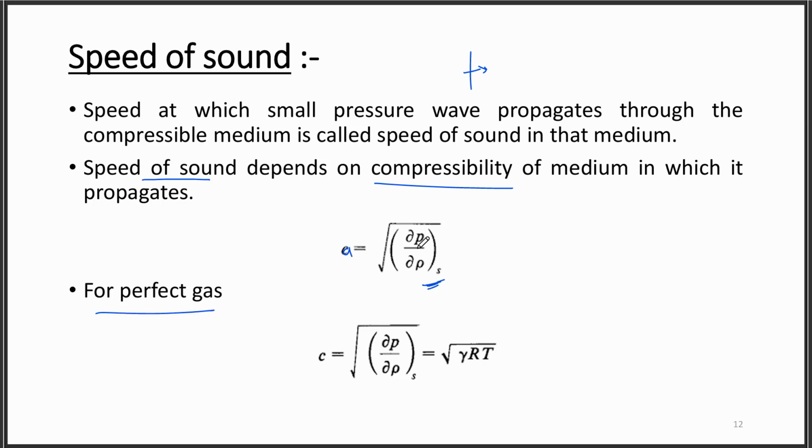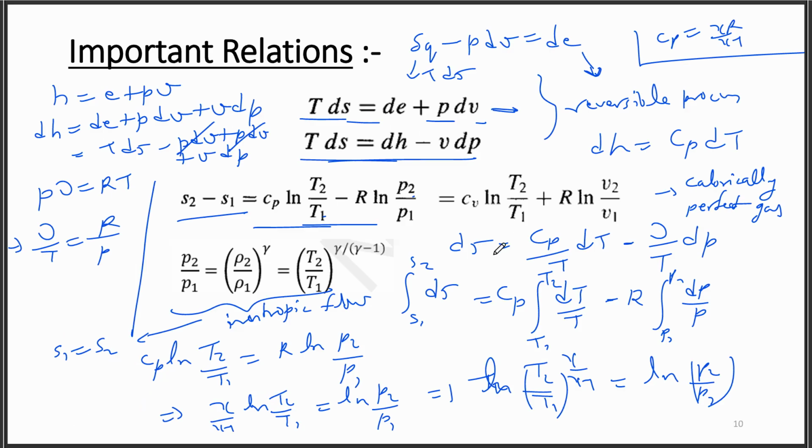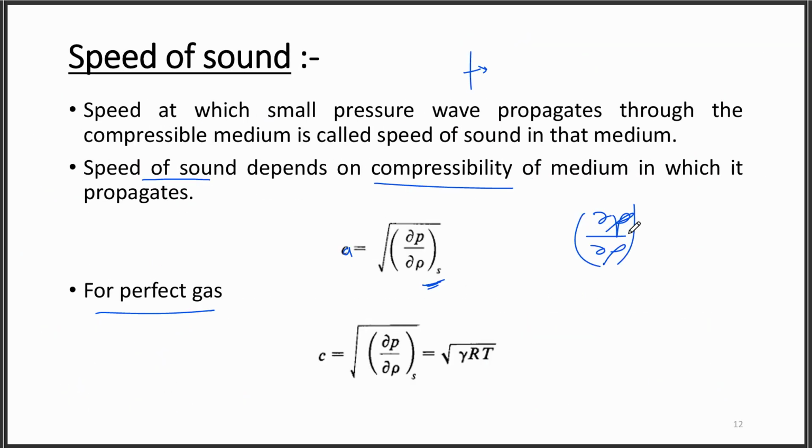And for perfect gas, if you see this dou p upon dou rho, here we have derived this equation. From this you can see p upon rho to the power gamma equal to constant. So let's say p upon rho to the power gamma equal to constant, and let's take the derivative with respect to rho.